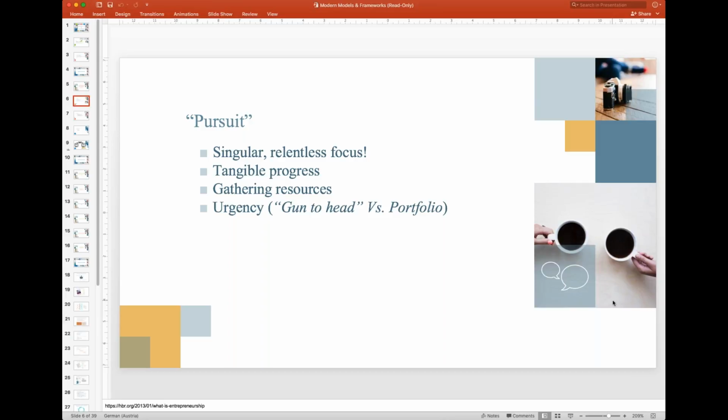They want too many markets, or they're targeting too many potential customers on day one. Tangible progress: the pursuit has to be tangible. Gathering resources, and I will get to this in two slides. And urgency, what I call the gun-to-head mentality versus the portfolio mentality.